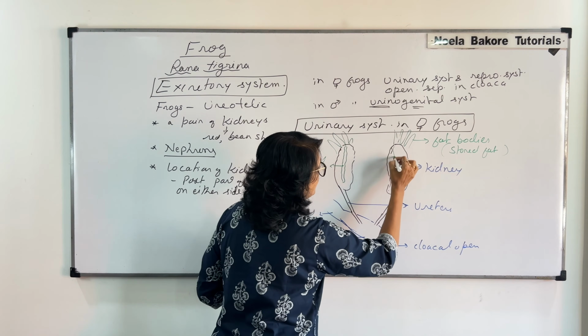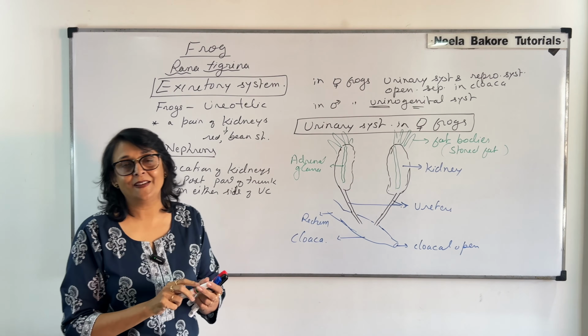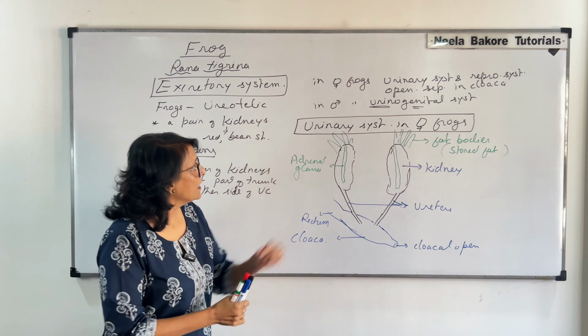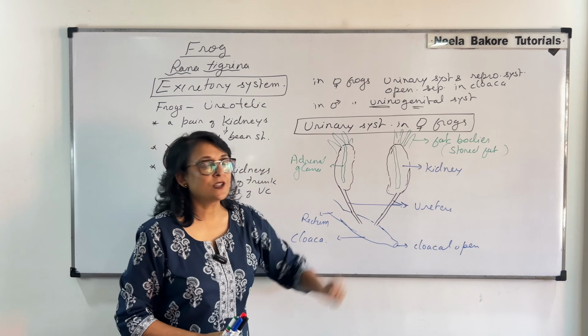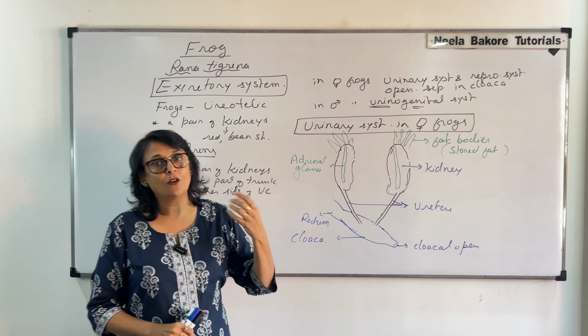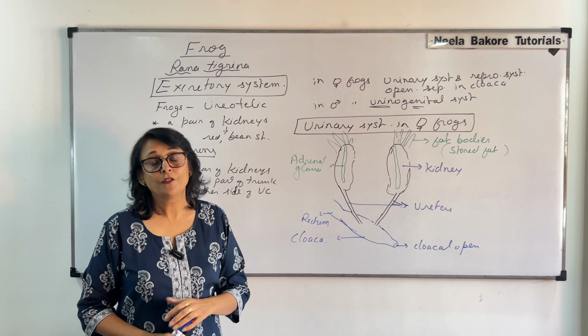So on the surface of it, we also see adrenal gland. Only thing is, it is along the length, not on top of it. So these finger-like structures are the fat bodies. They not only protect the kidneys, but also act as a reservoir of the food.